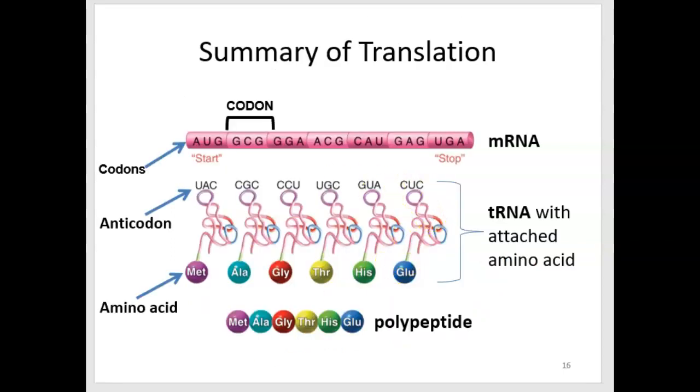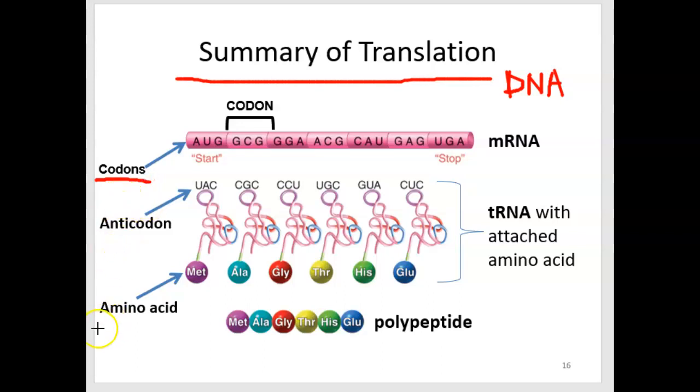So if we look at a summary of this whole process, first we had DNA, and of course that is in the language of nucleic acids or nucleotides. mRNA is formed complementary to the DNA, and every 3 nucleotides are called a codon.